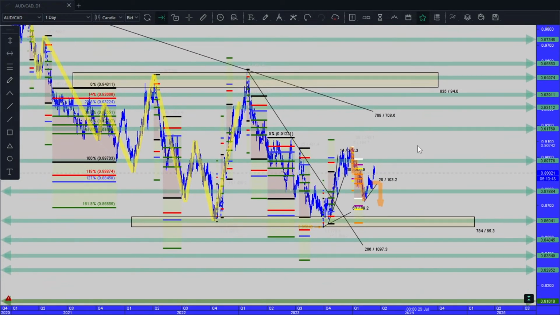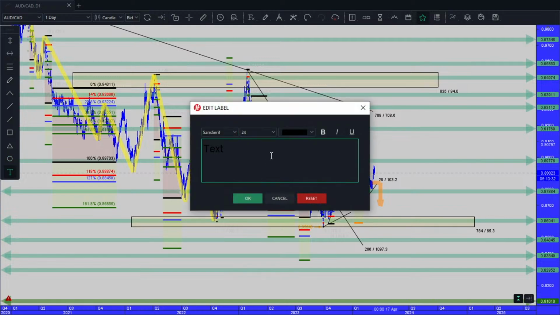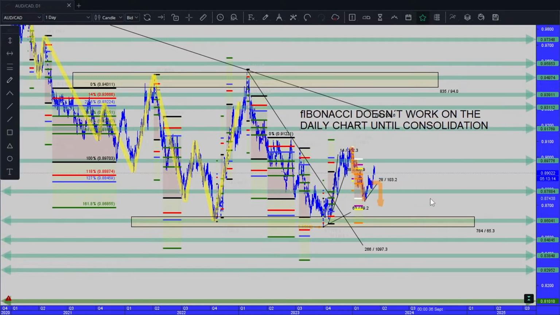Fibonacci doesn't work in consolidation, does it? So as you can see, the Fibonacci broke multiple times on the daily chart, so Fibonacci doesn't work on the daily chart until consolidation. Alright, everybody?